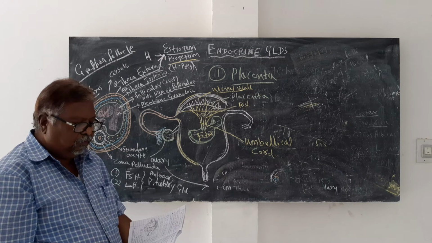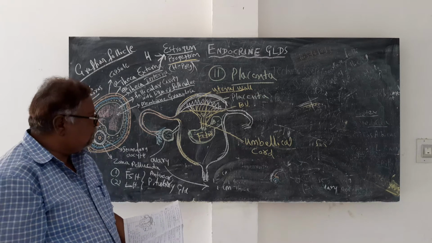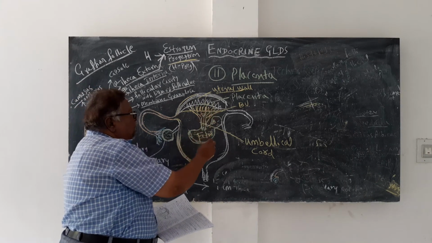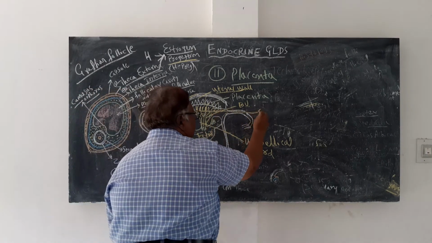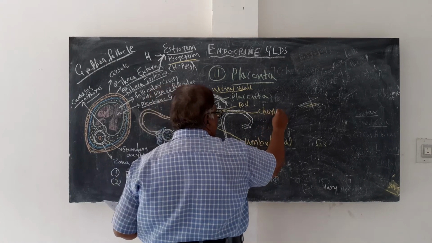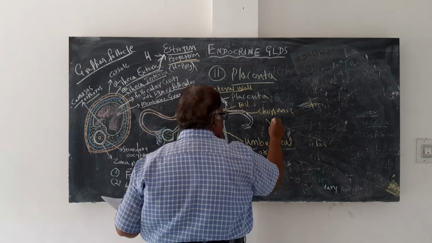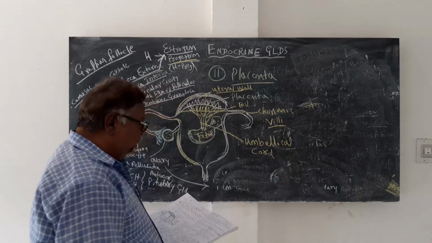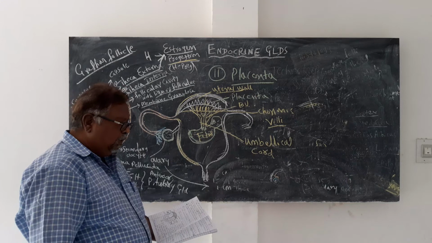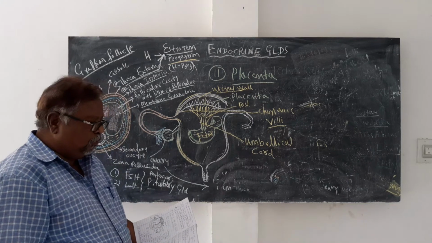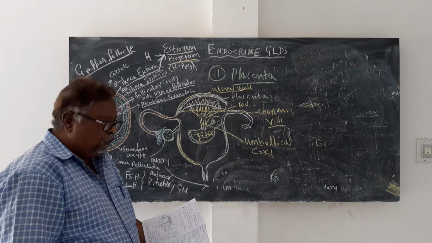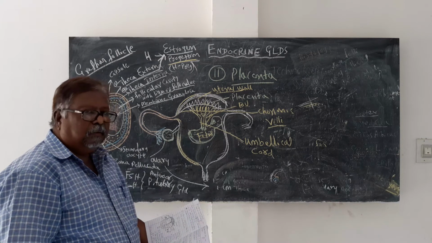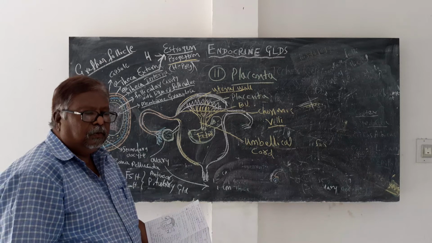The chorionic villi of the fetus and the uterine tissue fuse together to form a structural and functional unit called the placenta.